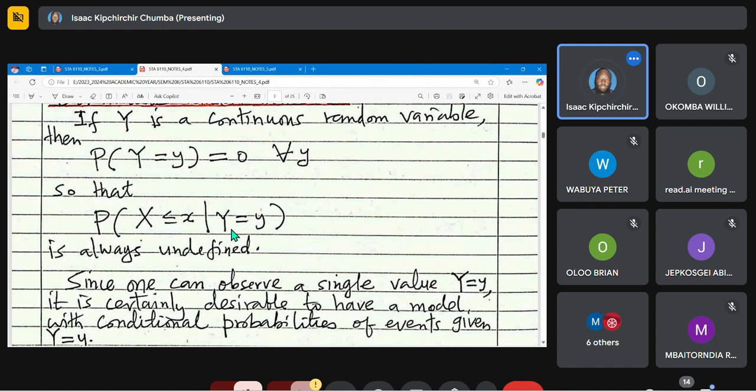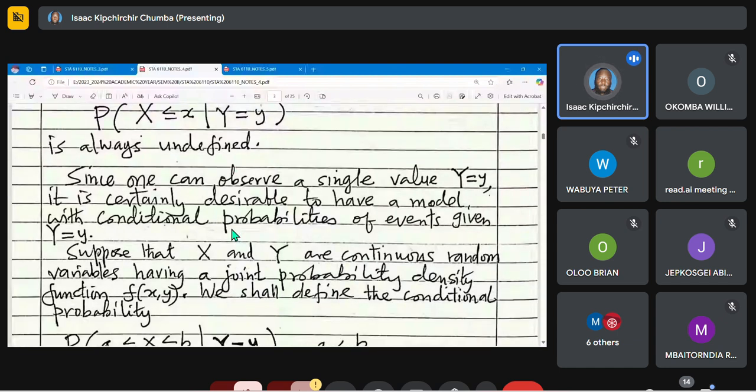But in reality, even if y is continuous, you can actually observe a value. Since one can observe a single value, y equals y, it is certainly desirable to have a model with conditional probabilities of events, given that the random variable y equals small y, or the random variable y has assumed the lowercase y.